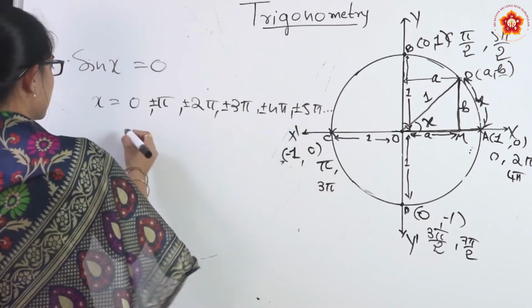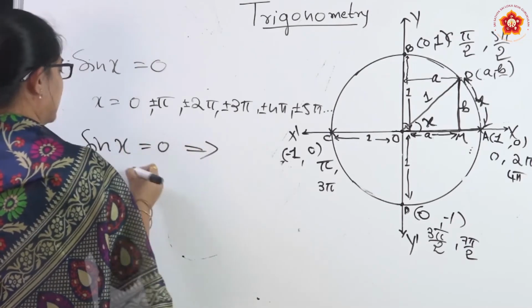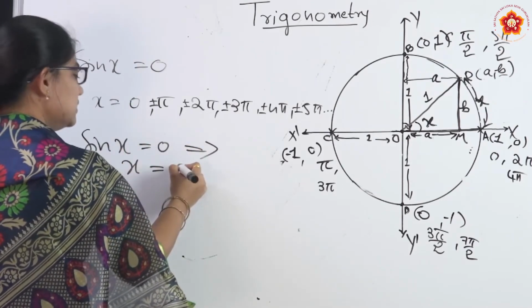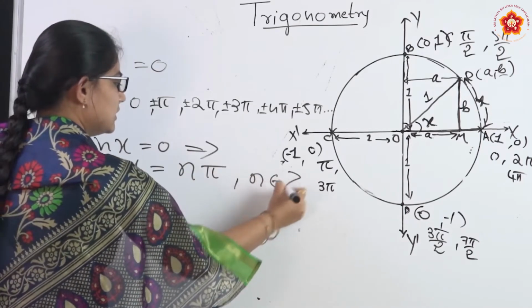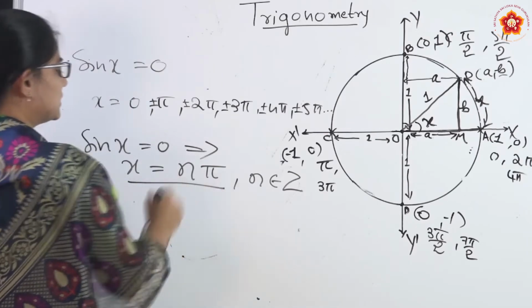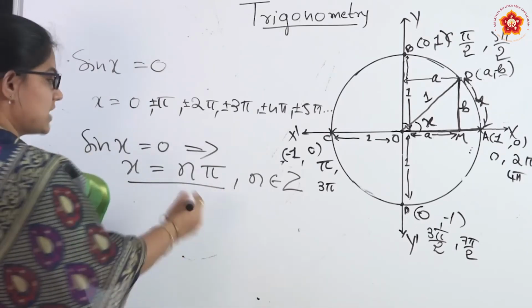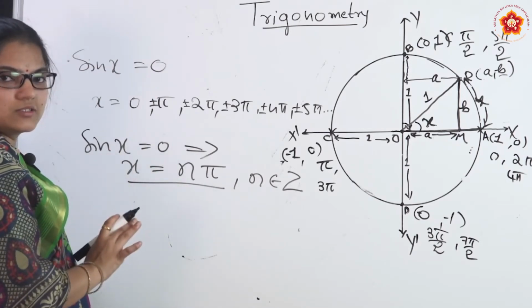So you can say sin x is 0 implies x must be an integer multiple of pi, n pi, where n is any integer, okay. For such angles you will get the sin value 0, that is, sin value vanishes, okay.